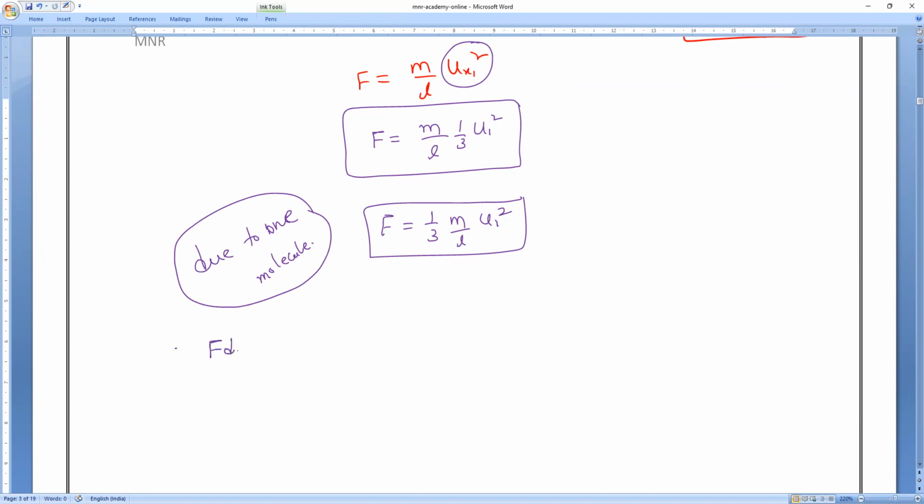So then the force due to N molecules is equal to what? First molecule: 1 by 3 m by L u1 square plus 1 by 3 m by L u2 square plus, and so on, so on. Finally, we'll get, as N particles are there, 1 by 3 m by L un square. Is it right, guys? Yes, sir.